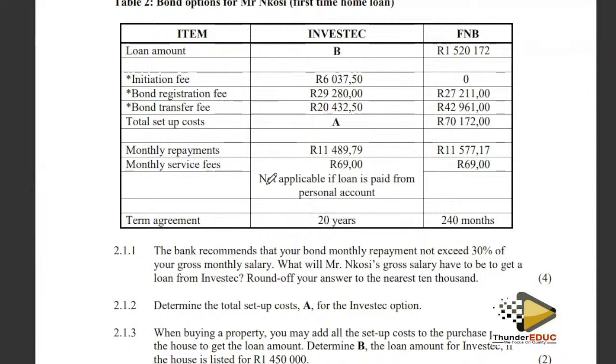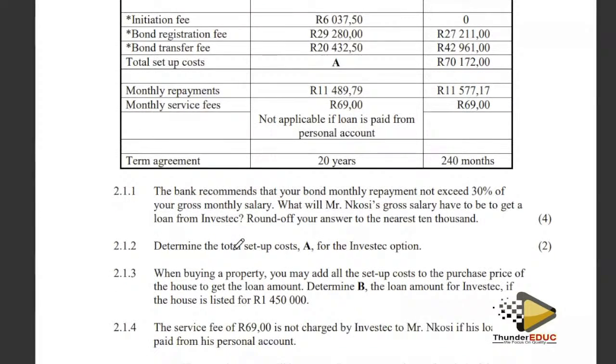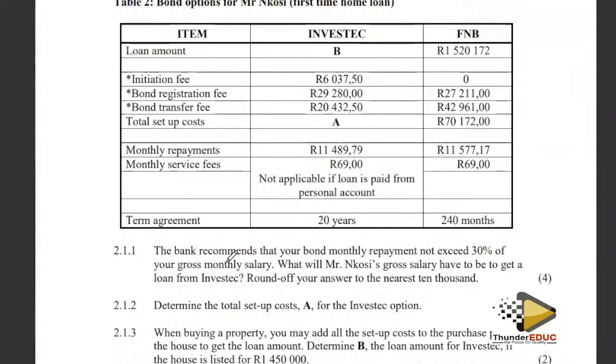All right, let's look at that and we see question number 2.1.2. The bank recommends that your bond monthly repayment not exceed 30% of your gross monthly salary. What will Mr. Nkosi's gross salary have to be to get a loan from Investec?